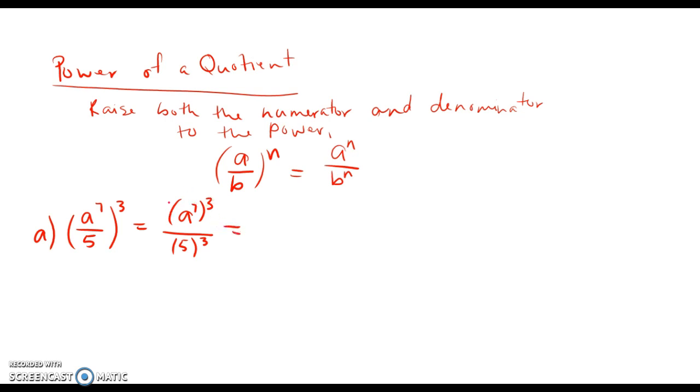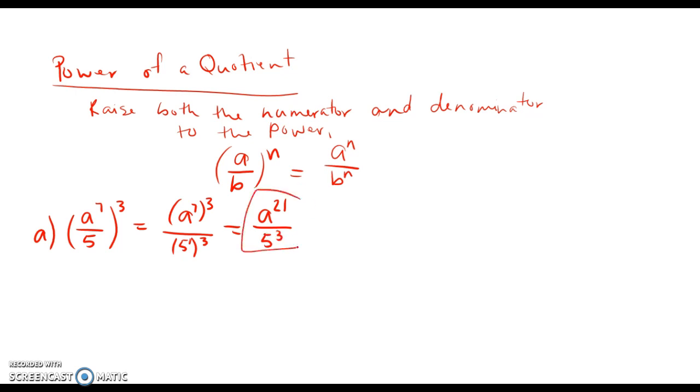From here, I'm going to use my power rule. So I have a to the 7 cubed, so I'm going to take 7 times 3. So we end up with a to the 21st power over, remember that every base has an exponent. If it doesn't have one listed, it is 1. So I have 5 to the 1st power, so I'm going to take 1 times 3 and get 5 cubed.